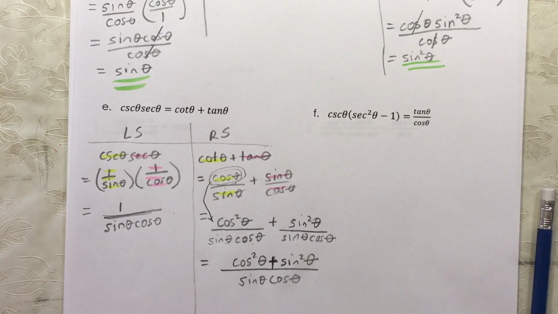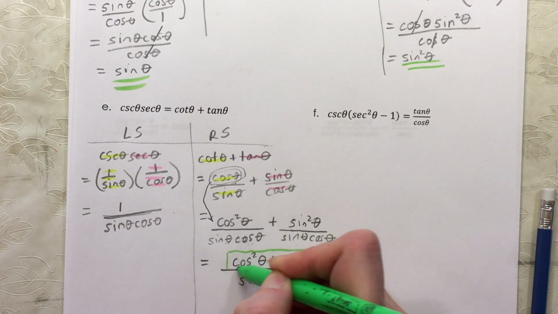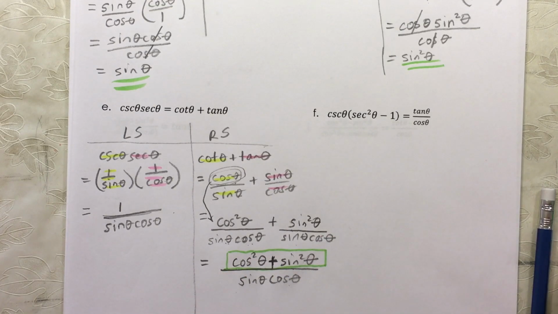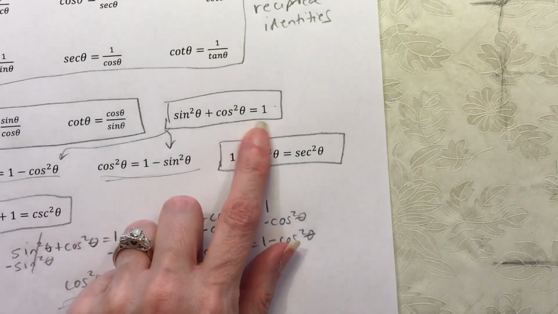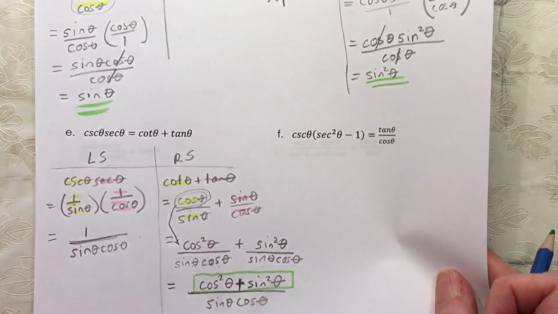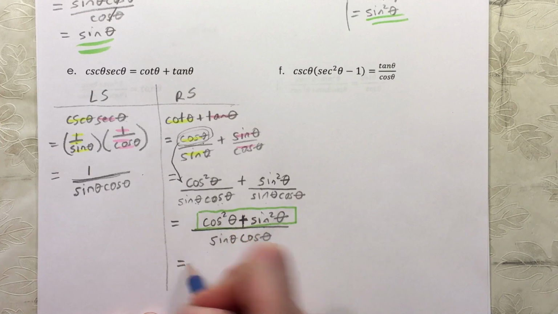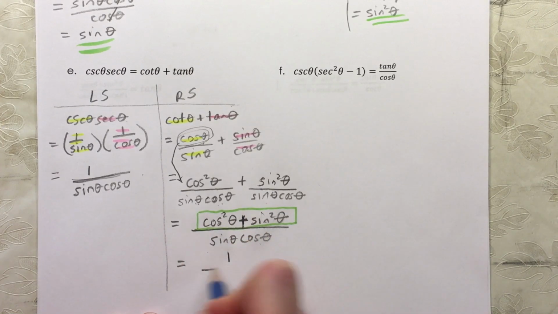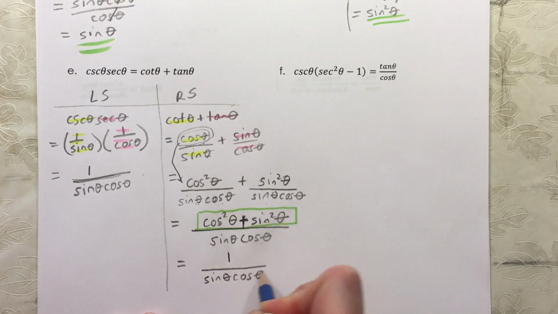But the most famous identity that we should know is that sine squared theta plus cos squared theta, or cos squared theta plus sine squared theta, is equal to 1. So I can replace the numerator, cos squared theta plus sine squared theta, with 1 over sine theta cos theta.